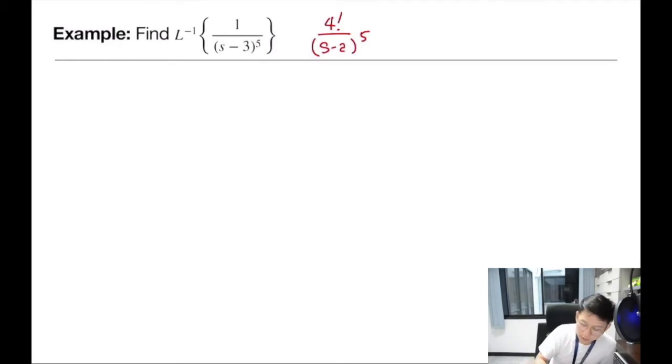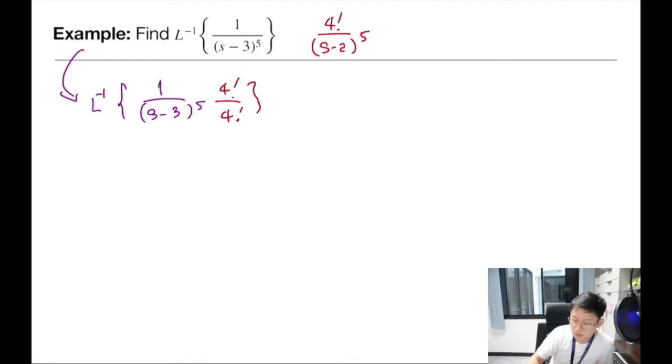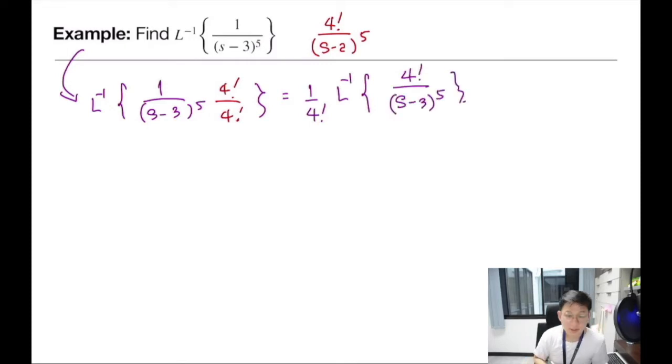So for this one, it would be the inverse Laplace transform of 1 over (s minus 3) to the 5, and then I multiply 4 factorial divided by 4 factorial to both numerator and denominator. Pulling 1 over 4 factorial out, I get 1 over 4 factorial times the inverse Laplace transform of 4 factorial divided by (s minus 3) to the 5.